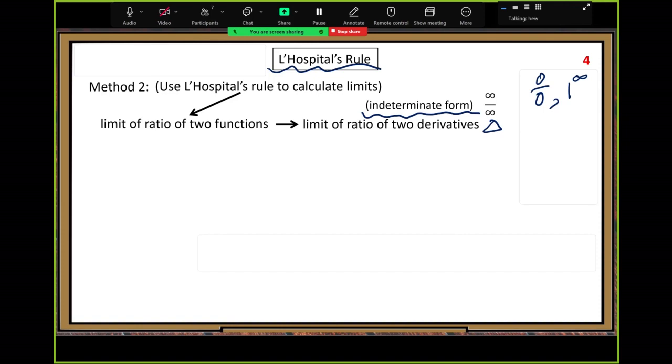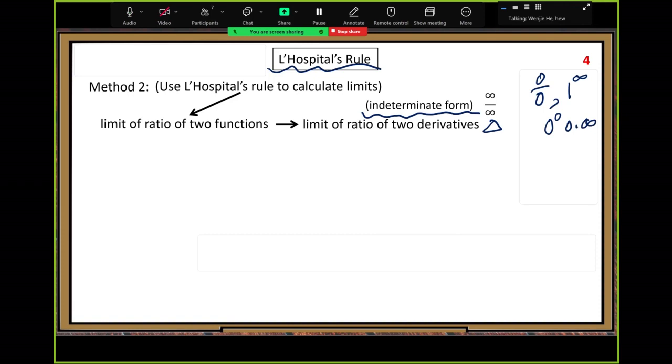Also 0 to the power of 0. And 0 times infinity.